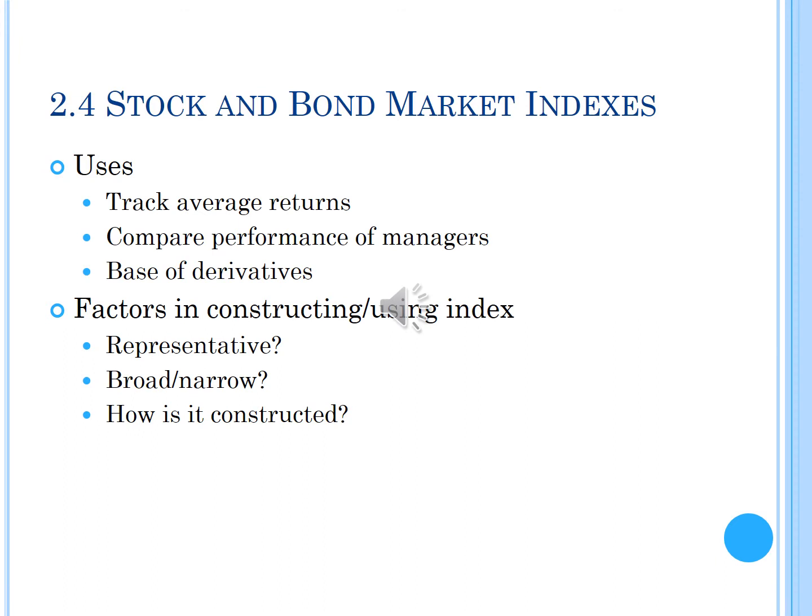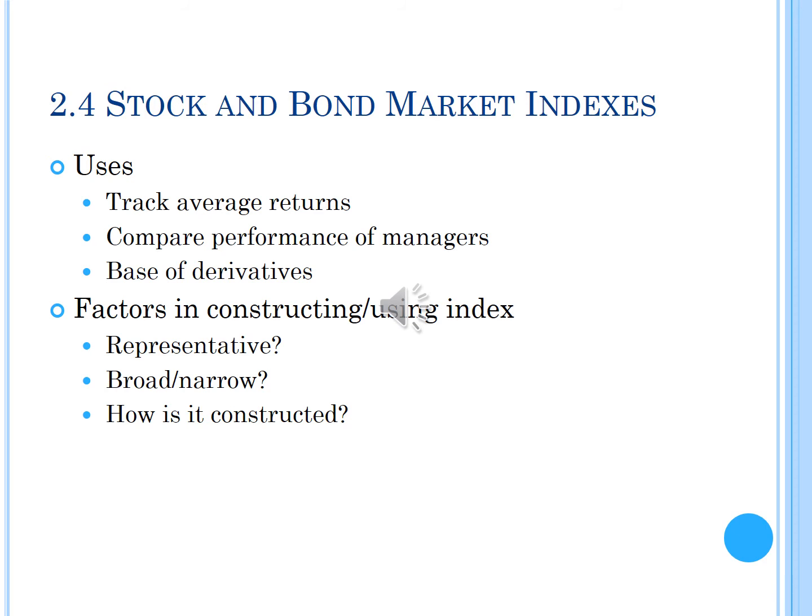Now we move on to talk about stock and bond market indices. Those market indices are mainly used to track average returns of different stocks or different funds, and they also provide a tool for investors to compare performances of managers. The third use for these indices is to form a base of derivatives, which we're going to talk about a little bit later in this lecture.